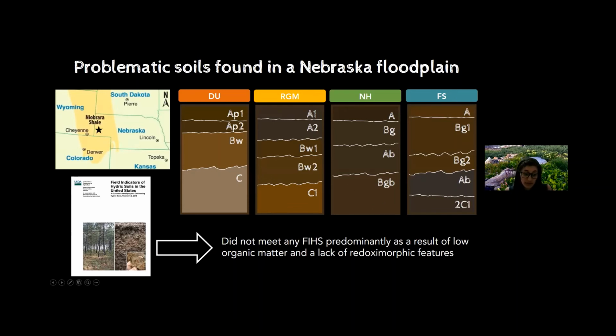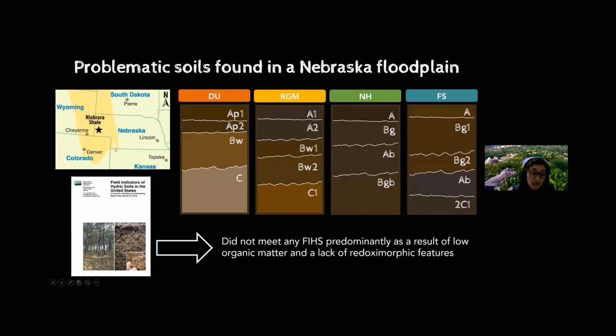None of these soils met any field indicators of hydric soils outlined in the National Technical Committee for Hydric Soils Guide, as you see here to the left. Essentially, what these soils were lacking was the accumulation of organic matter or distinct redoximorphic features, meaning iron concentrations or iron depletions, that we typically use to identify hydric soils in the field.